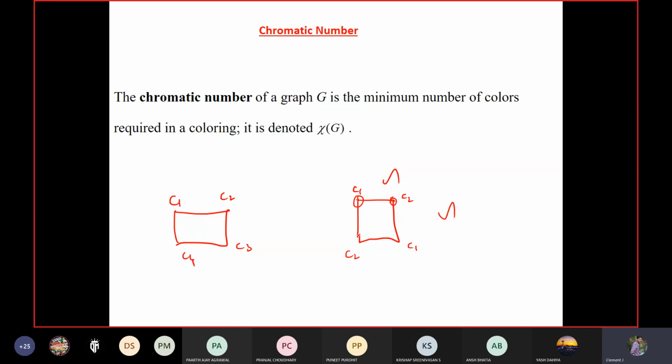Have you understood the chromatic coloring and proper coloring definitions? Is it clear up to this? Can you explain it once more? Yes. In proper coloring, the definition is that no two adjacent vertices receive the same color. I assigned the coloring randomly like C1, C2, C3, C4, and it follows the condition of proper coloring.